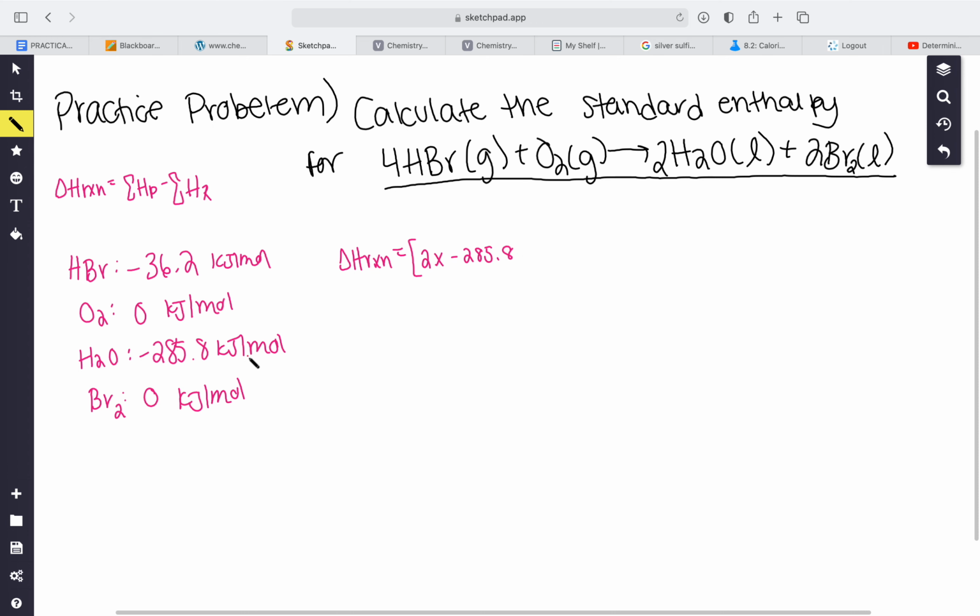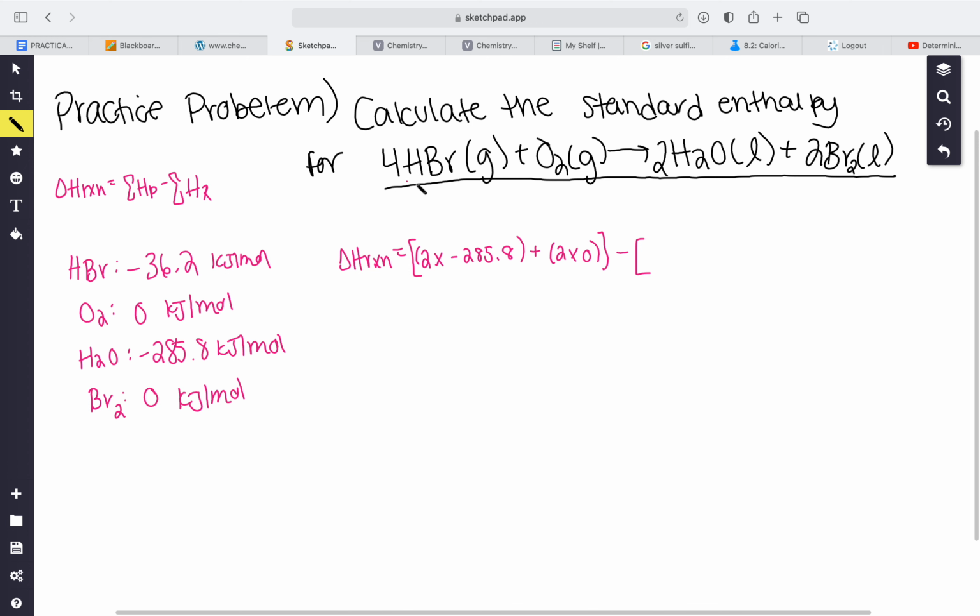I'm not going to add the units just to save space, but keep in mind that at the end you're going to want your units. Then we add, because we're taking the sum of the products, 2 Br2, which is 2 times 0, minus the sum of the reactants.